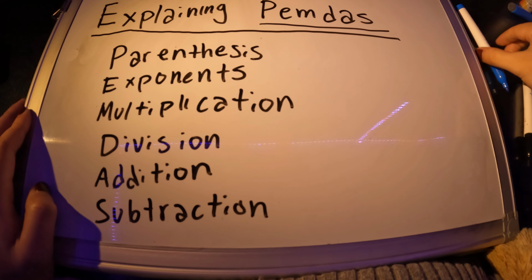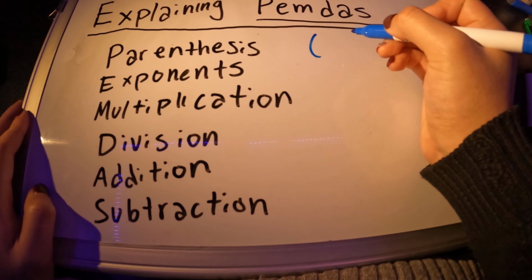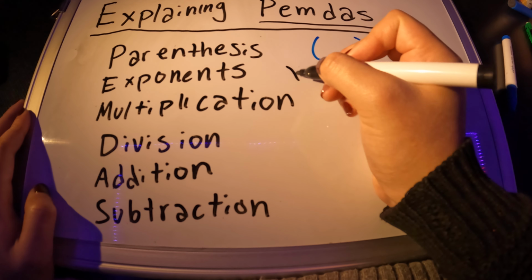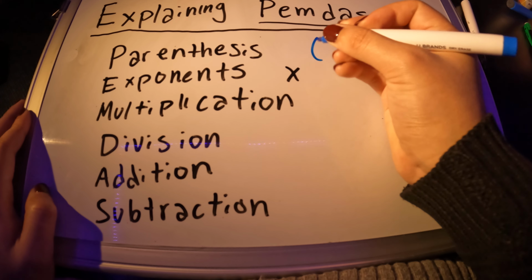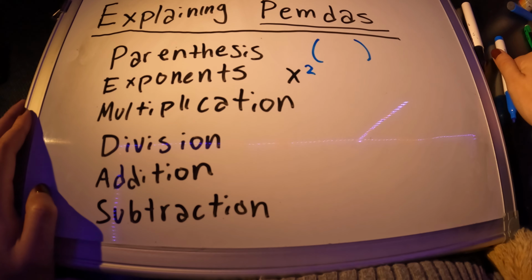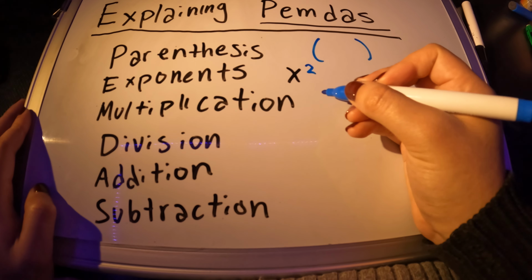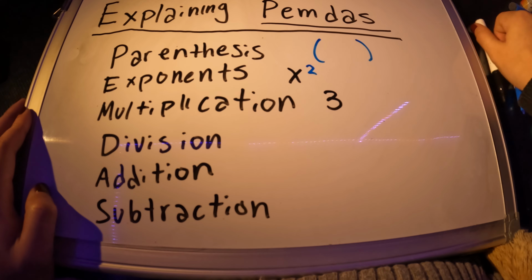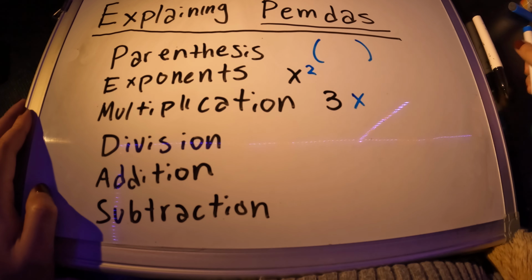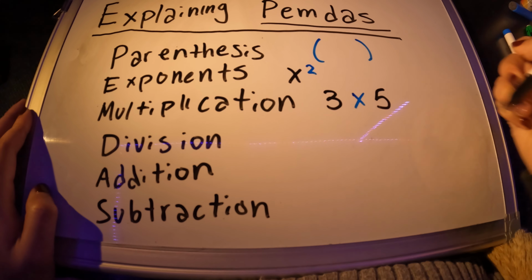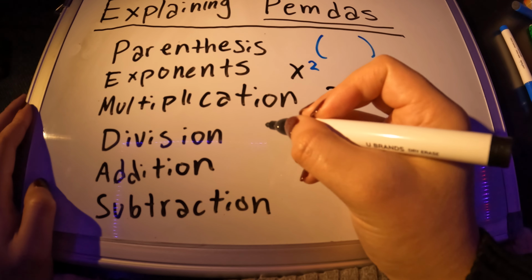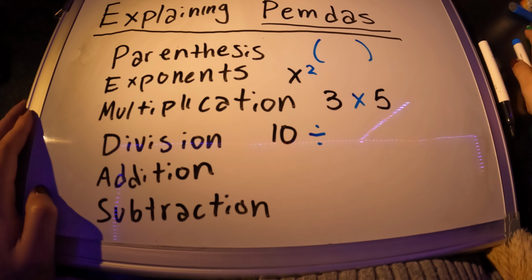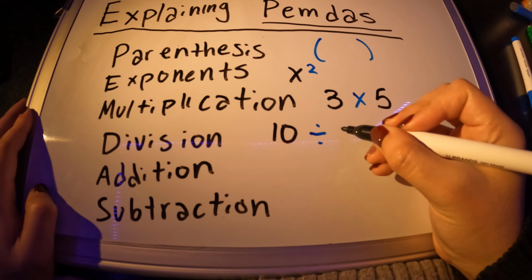Alright, so parentheses in an equation would look something like this. Exponents look like, if you had x, the exponent would be whatever this number here is, for example 2. Multiplication is, if you had 3, the multiplication symbol would be times 5. Division, you would have 10, this symbol right here, 2.